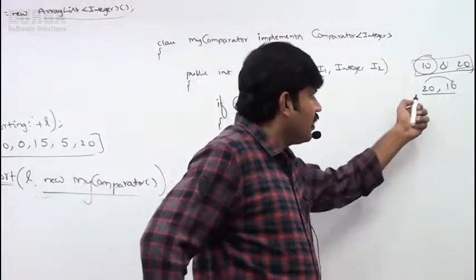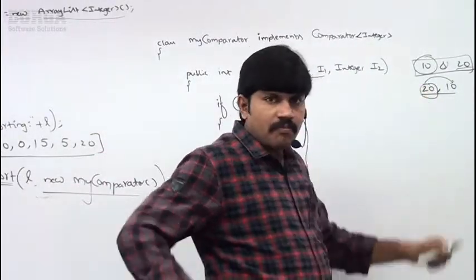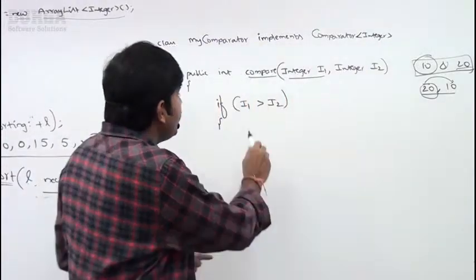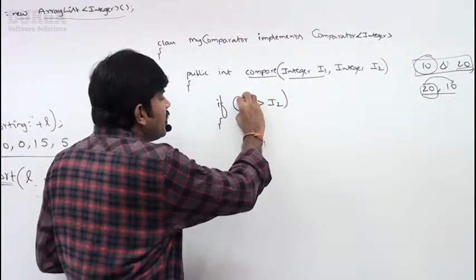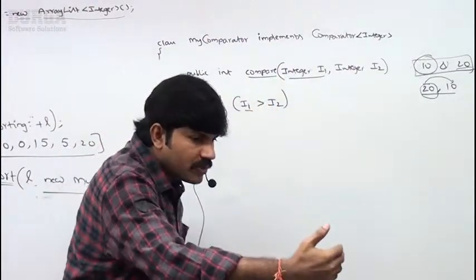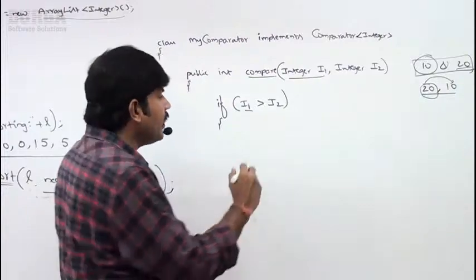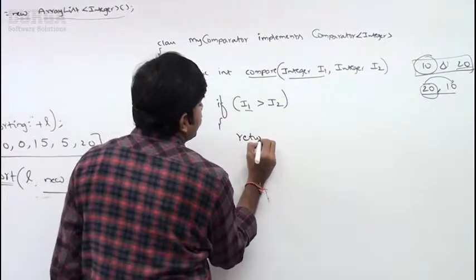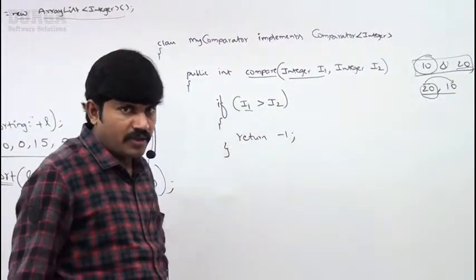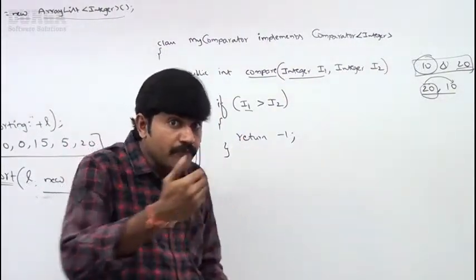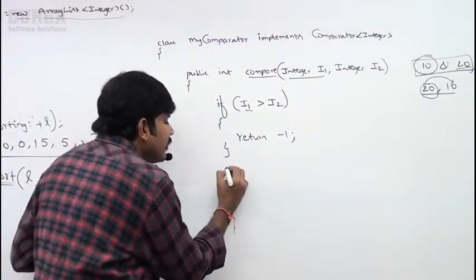In descending order, the bigger value should come before only. So if i1 is greater than i2, obj1 meaning i1 should come before. That's why return -1. Any negative value you can return. -1 means before.